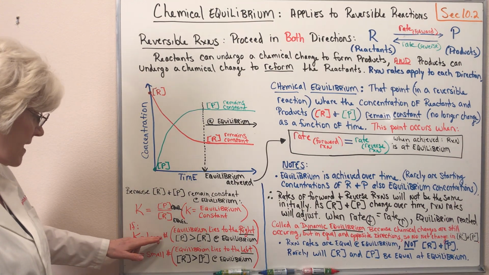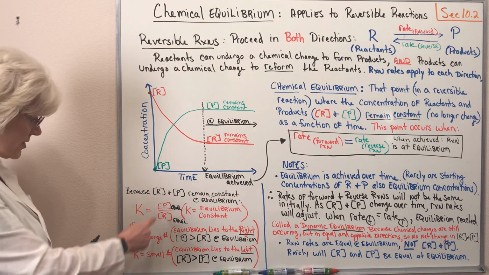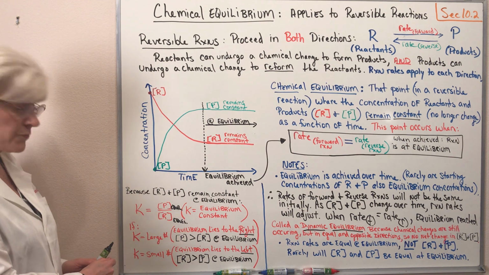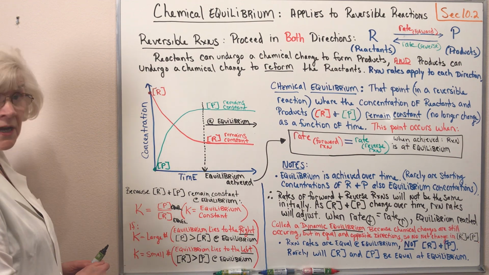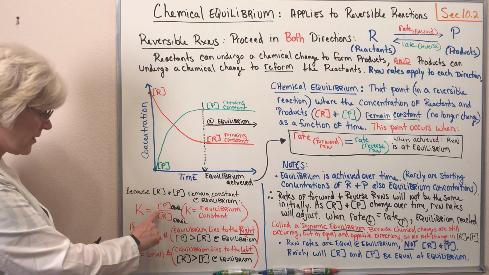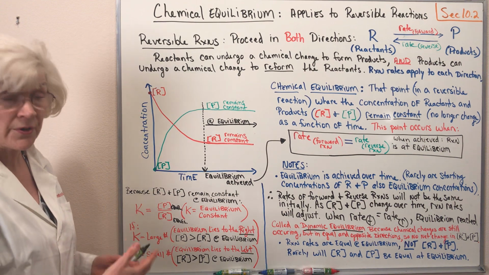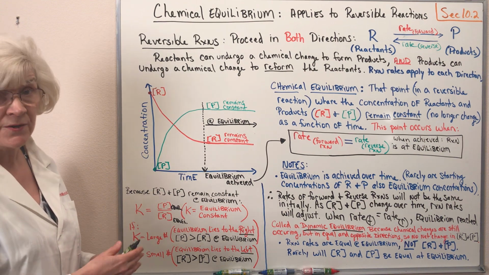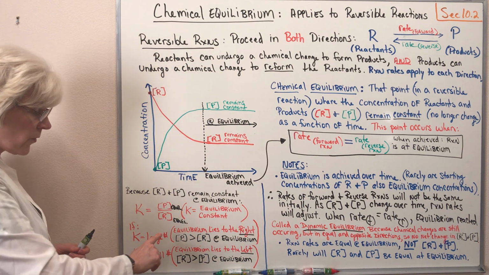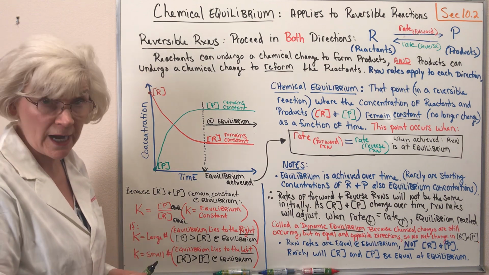And note, if K is a large number, well, the only way that you can get a large number from this calculation is to have the concentration of products greater than the concentration of reactants at equilibrium. Numerator greater than the denominator gives you a number definitely bigger than 1, and the larger the value is, the more we understand that the equilibrium lies to the right.